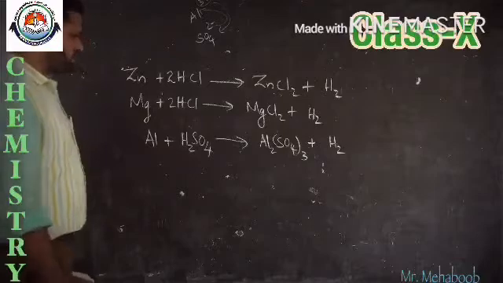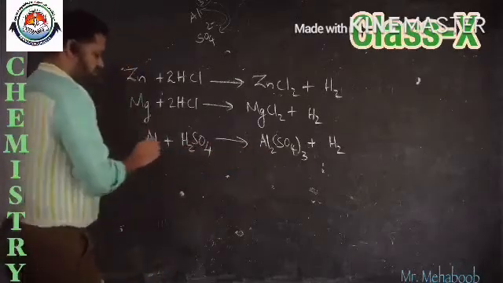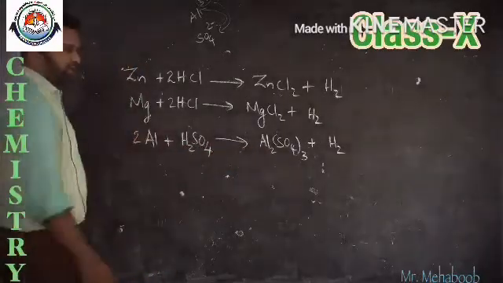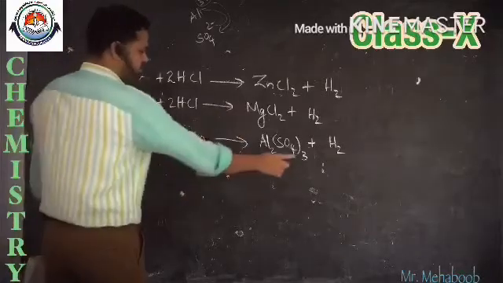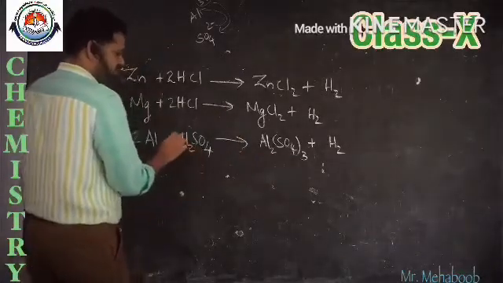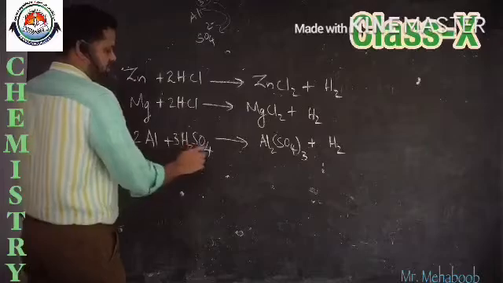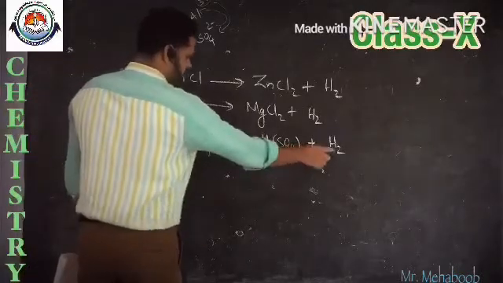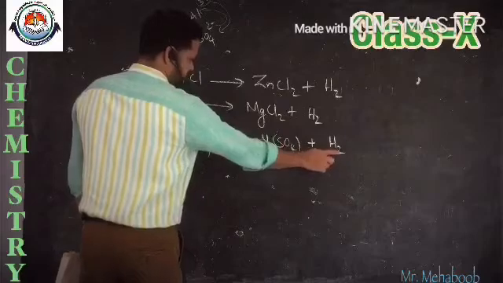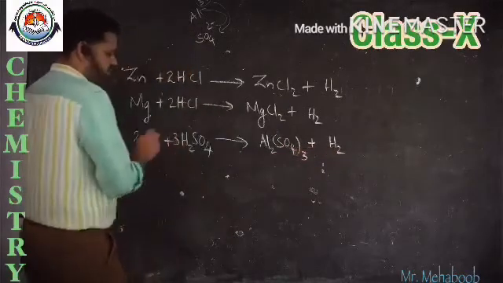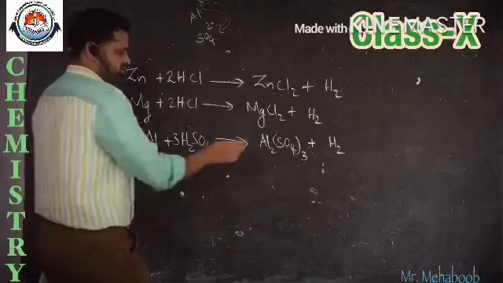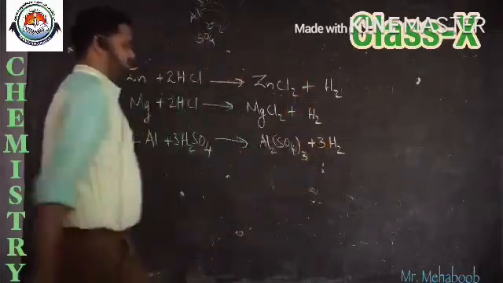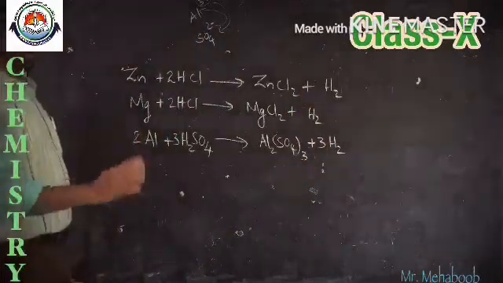Now here there are 2 aluminum, and on the left only 1, so we put 2 Al. Aluminum is balanced. Sulfate is 3 here and only 1 on the left, so 3 sulfate. So 3 H2SO4 has 6 hydrogen atoms, so we need 3 H2. Now it is balanced.